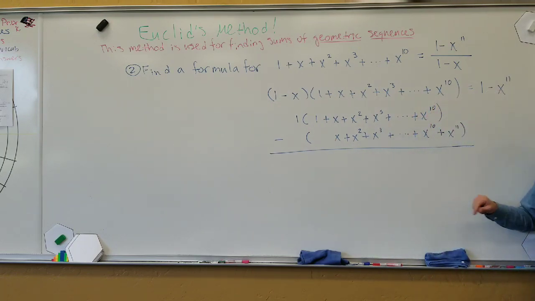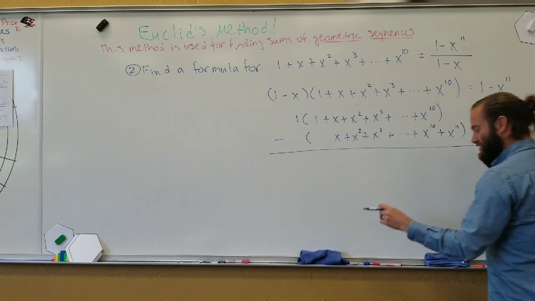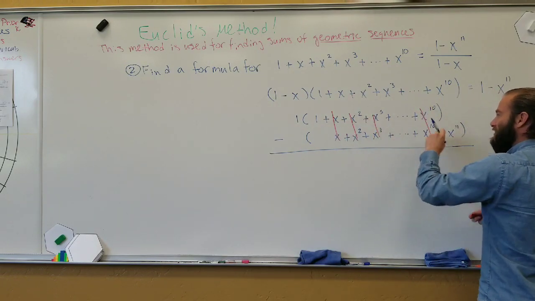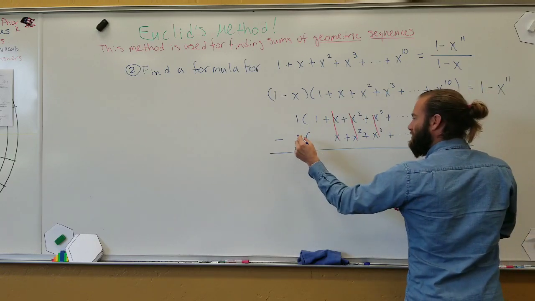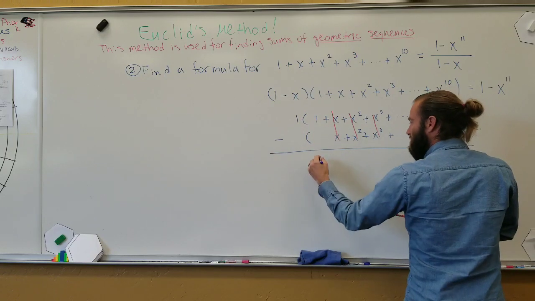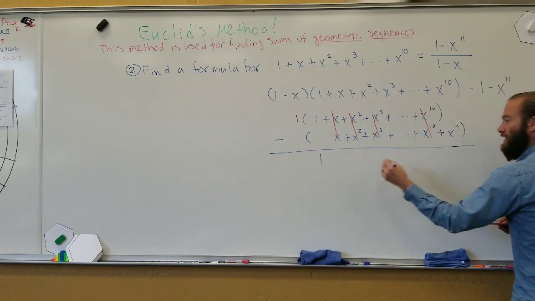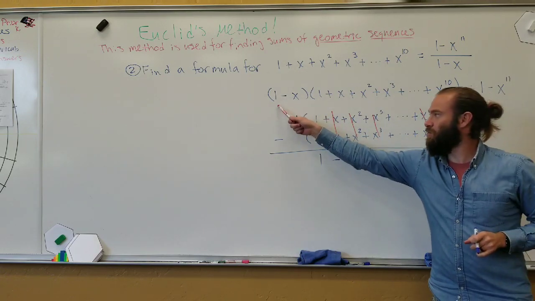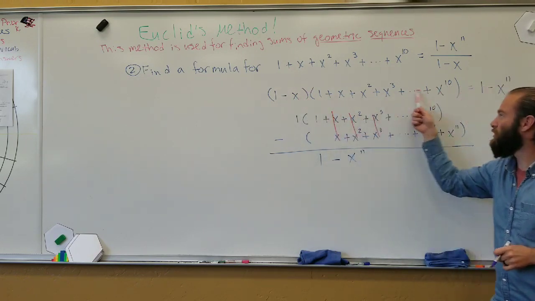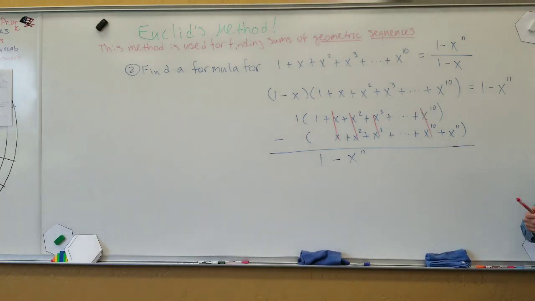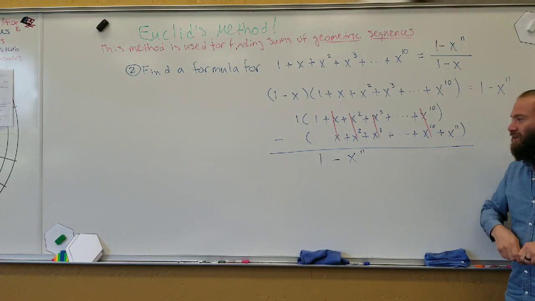So now it really turns out to be this. And just like we did in our examples, all these cancel out. And what we're left with here is this 1 minus 0 is 1, and then minus x to the 11th. So again, what we did was we distributed this and multiplied it, and we ended up with 1 minus x to the 11th, which is exactly what we expected.